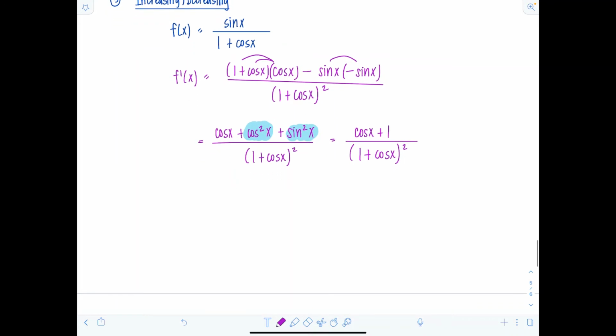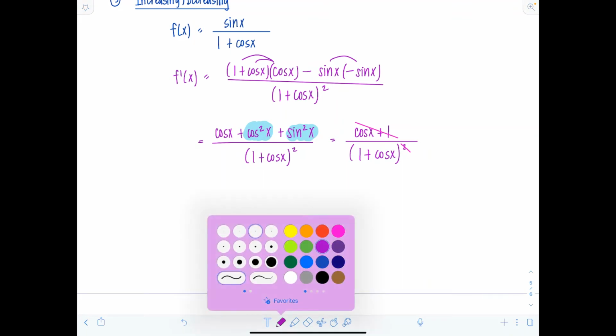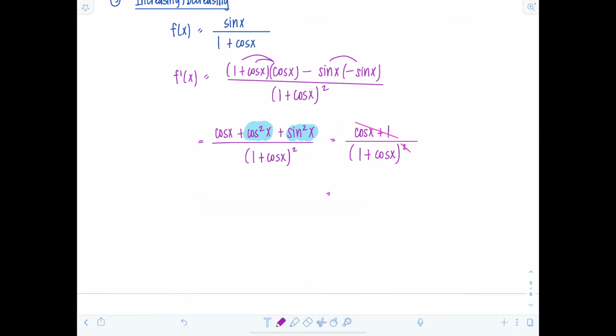Ooh, this is much more exciting because now look at this. 1 plus cosine x cancels with one of the factors of 1 plus cosine x in the denominator there. And we have 1 over 1 plus cosine x. Voila, this is f prime of x.